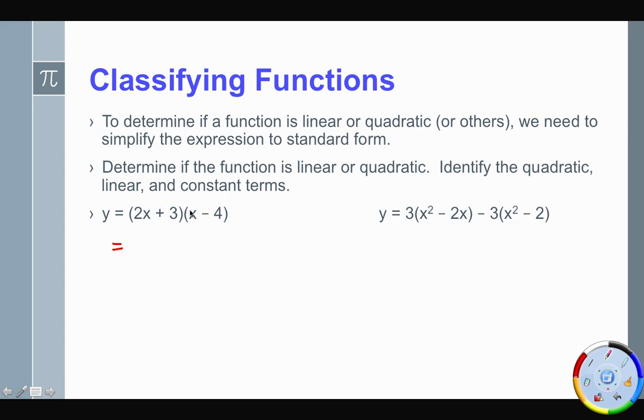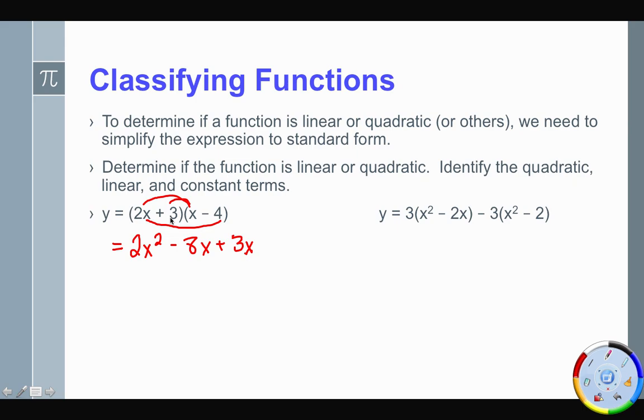So here we get 2x times x, which is 2x squared. Okay, so that was first. I'll make sure I do my arrows here. My outer is minus 4 times 2, so I get minus 8x. My inner is 3 and x, which makes it 3x.